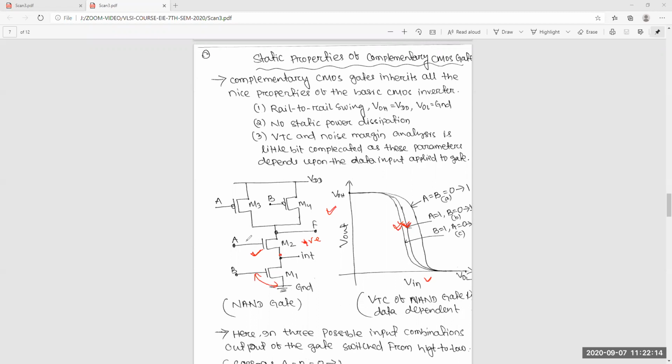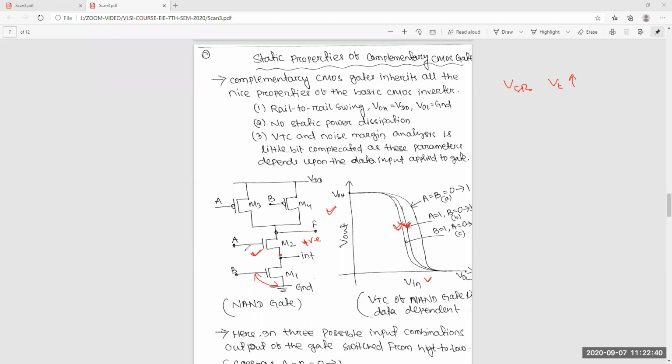It will be VT0 times 1 plus lambda into VSB. Will it decrease or increase? I always say don't relate with equations. Sir, the VT will increase. Yes, when your positive VSB is there, your threshold voltage will increase.